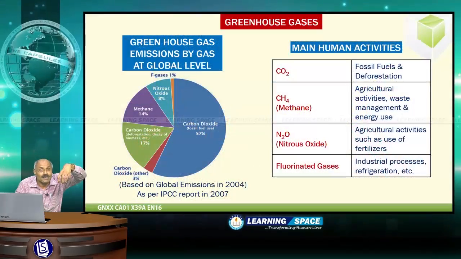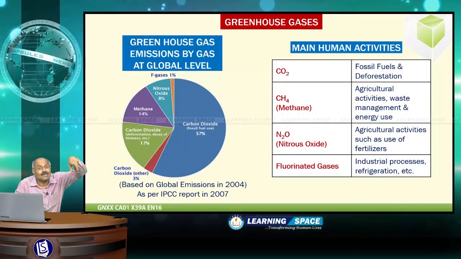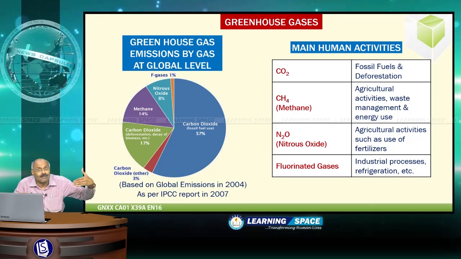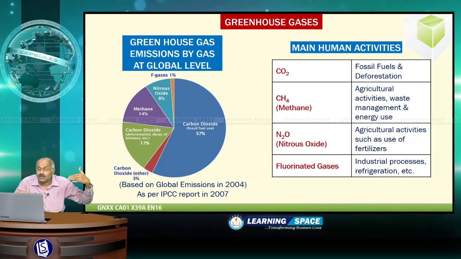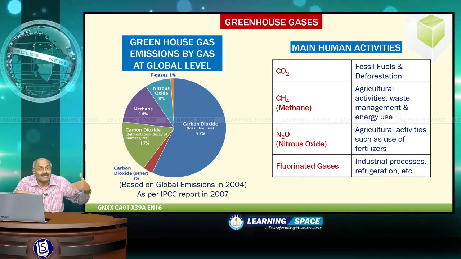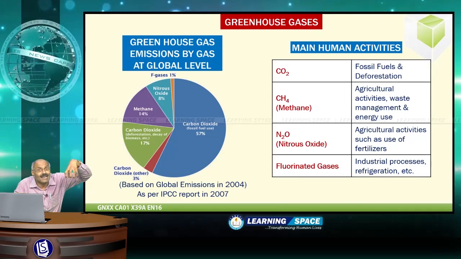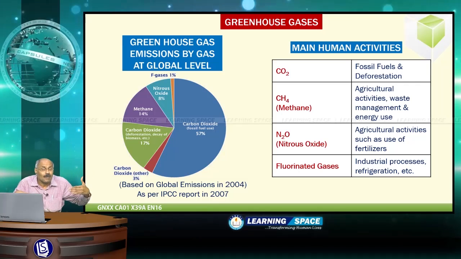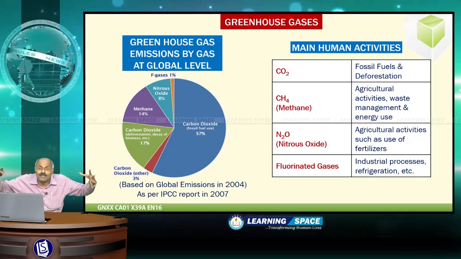So, I have given here the percentage of greenhouse gas emissions by gas at global level. Carbon dioxide constitutes around 70%, followed by methane, then nitrous oxide. If you look at the carbon dioxide, it is basically due to the burning of fossil fuels.